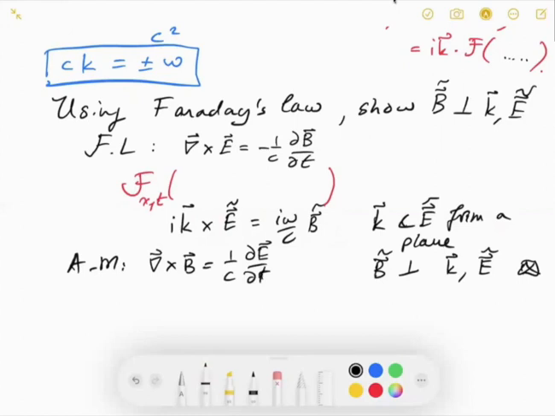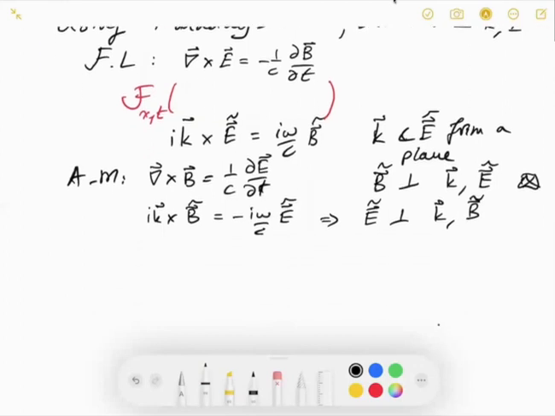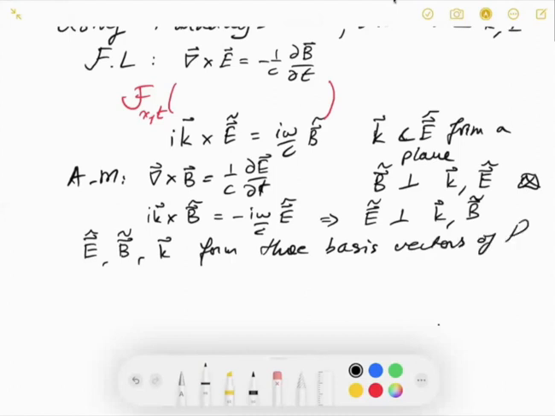So taking the Fourier transform, we again get iK cross B is equal to minus i omega over c E. So therefore, same thing, E is perpendicular to that plane formed by K and B. So we got two planes, and therefore E, B, and K form the three basis vectors of R3.